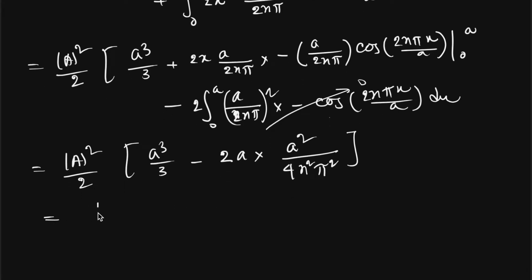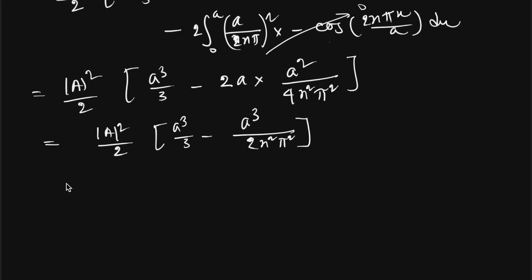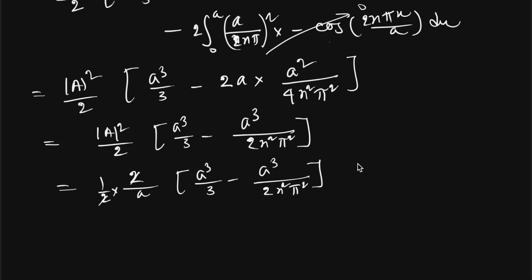So that is |A|² by 2 times a³ by 3 minus a³ by 2n²π². Now let us put the value of |A|², which is 2 by a, half of a³ by 3 minus a³ by 2n²π², which is actually, if we take a² common, 1 by 3 minus 1 by 2n²π².